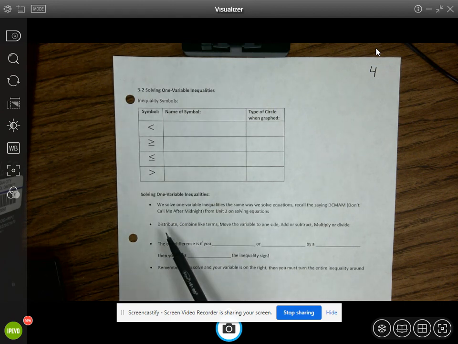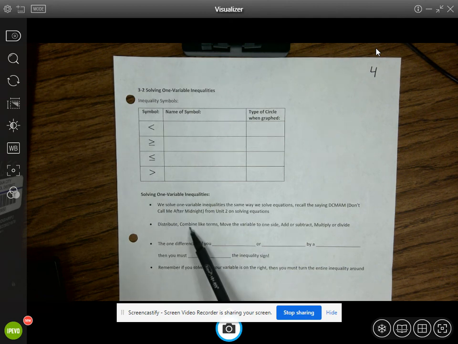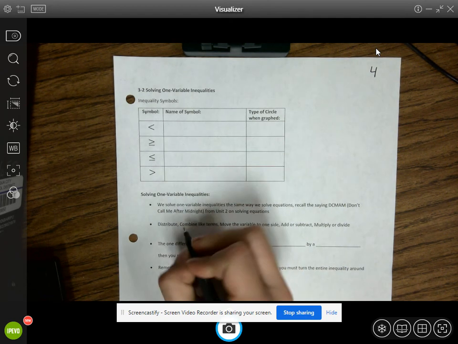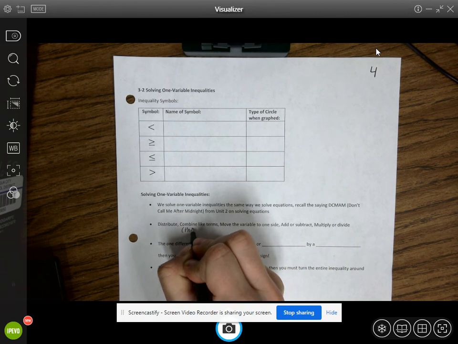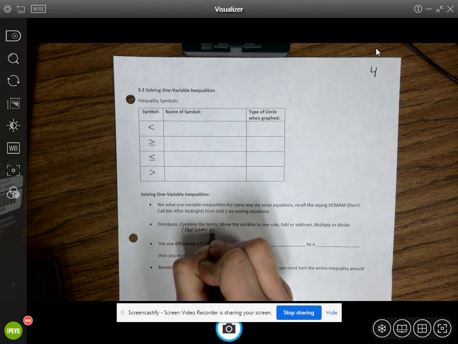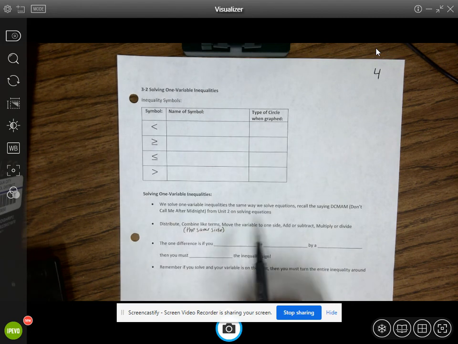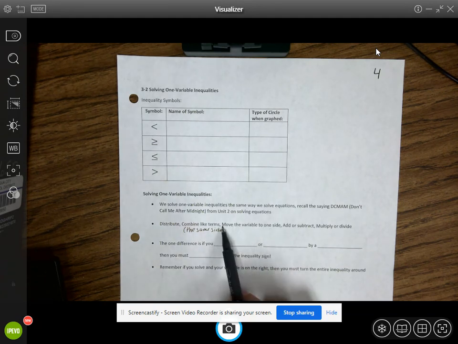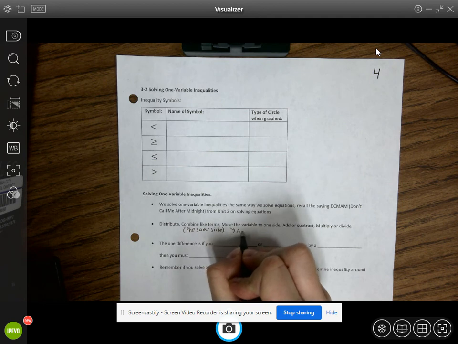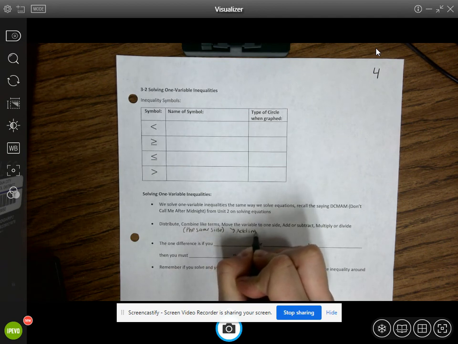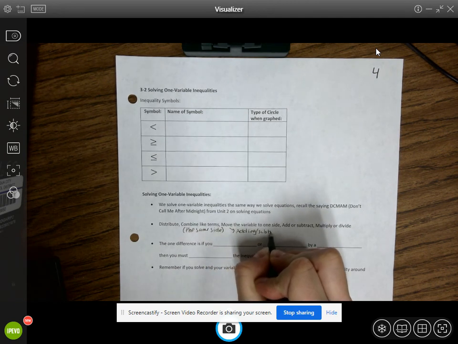Remember that stands for distribute, combine like terms. Remember these have to be on the same side of the equal sign. Then move your variable to one side. Remember you always move by adding or subtracting that term.